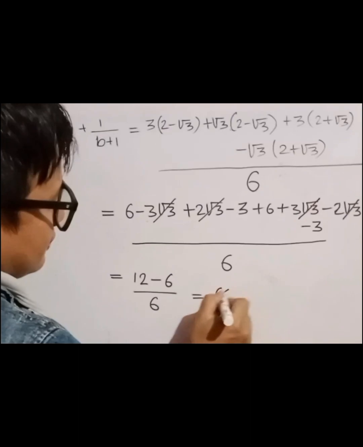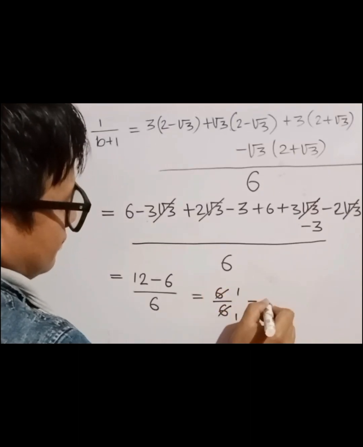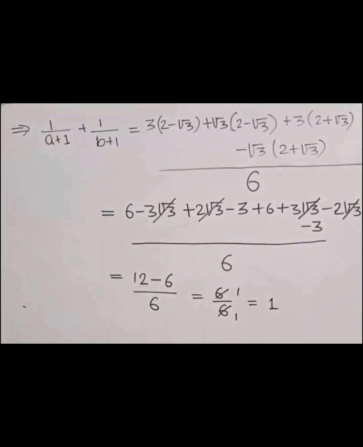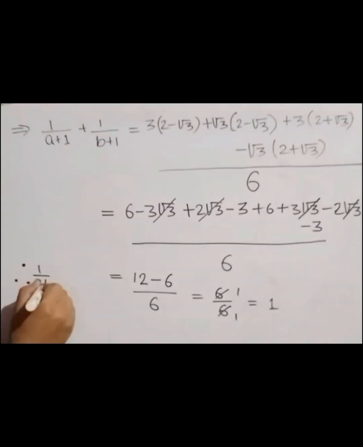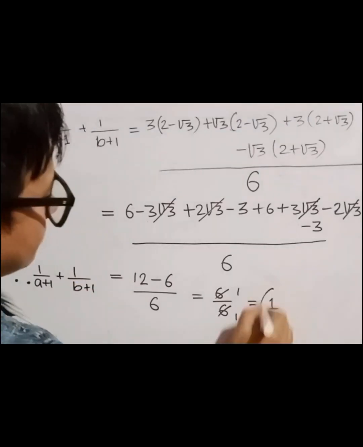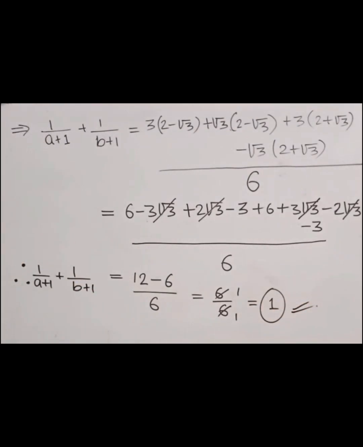We can cancel 6 with 6. 6 ones are 6, 6 ones are 6, and the value is 1. Therefore, finally we have calculated the value of 1 upon a plus 1 plus 1 upon b plus 1, and the value of this expression is equal to 1. So this is the answer.